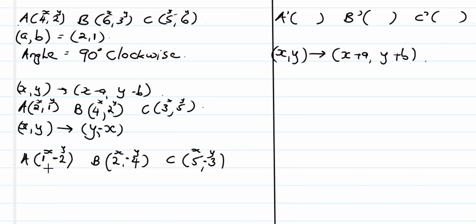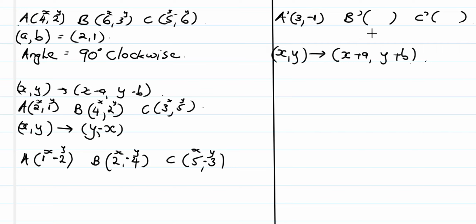So we start with 1, which was for x, and now we have 1 plus this a, which was 2. So 1 plus 2 is 3. Then we go for y plus b, and this here is negative 2, but our b is 1. So negative 2 plus 1 is negative 1.